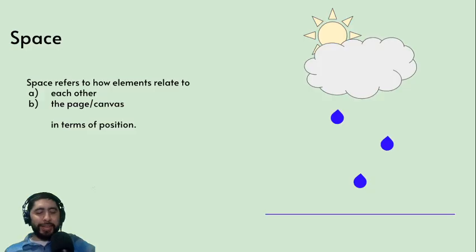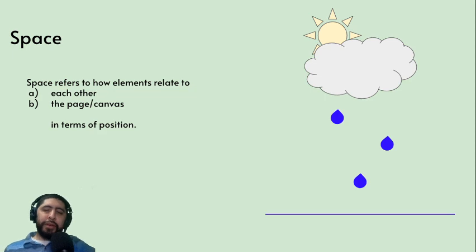All right, space. So space is our next subject, and it's the way things relate to each other as well as the canvas. This is an example of the clip art that comes with Google Slides.